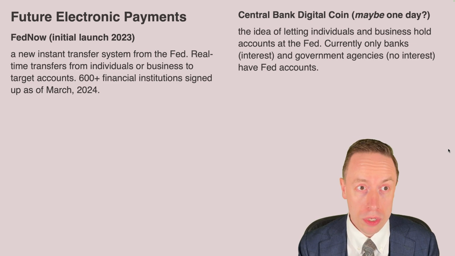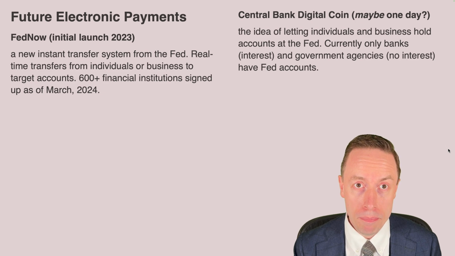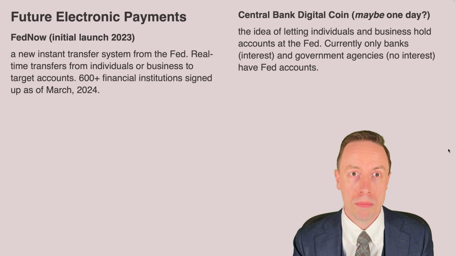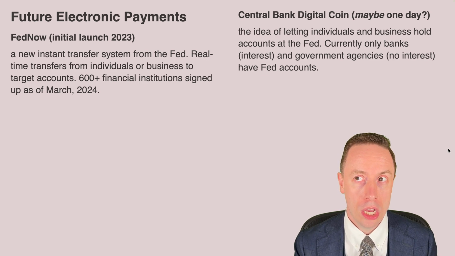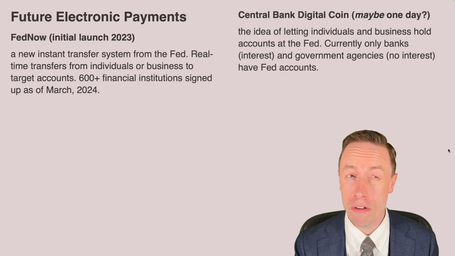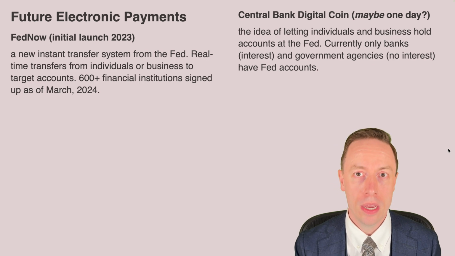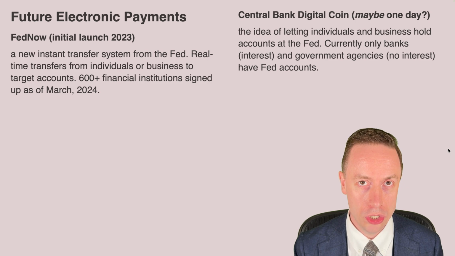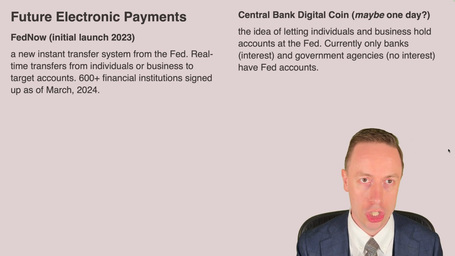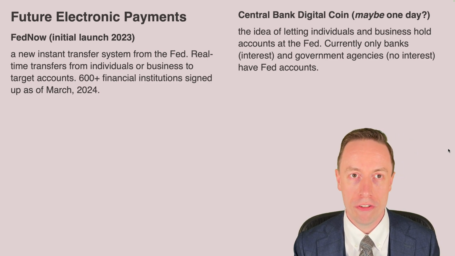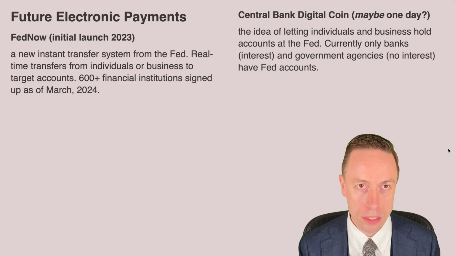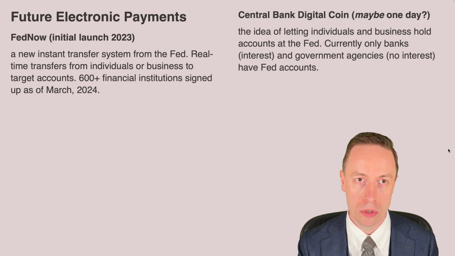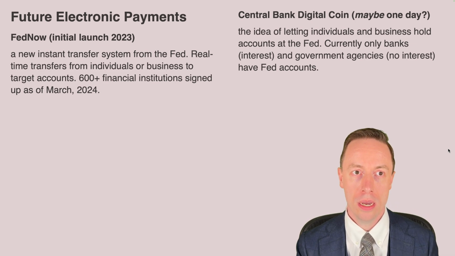But over 600 financial institutions have already signed up, and I think this thing is gonna keep growing. So basically the idea is it could eventually, these things take time, sort of overtake ACH, sort of how ACH has overtaken checks, where all of our bills and paychecks and so forth are coming through this FedNow system because it's faster.